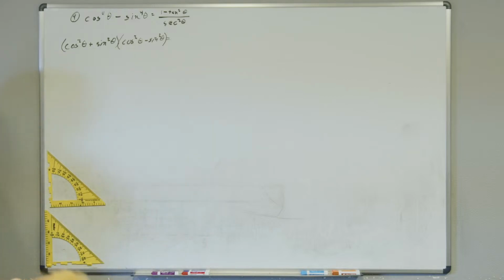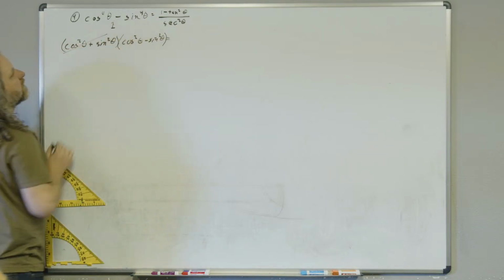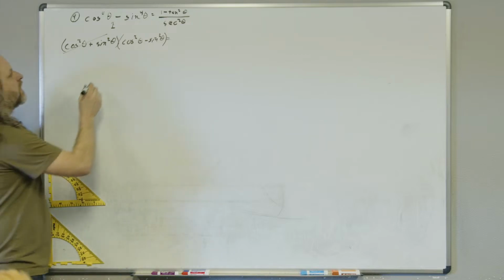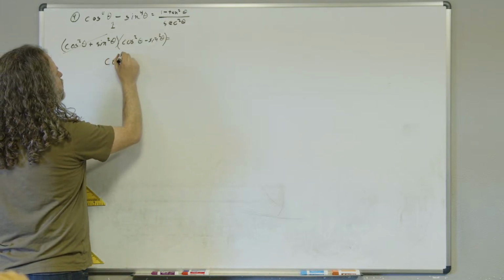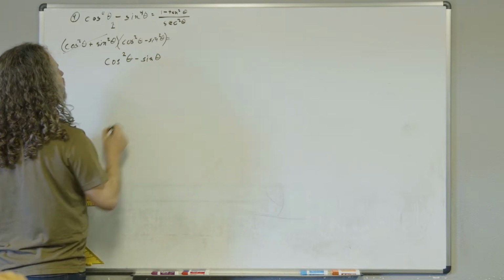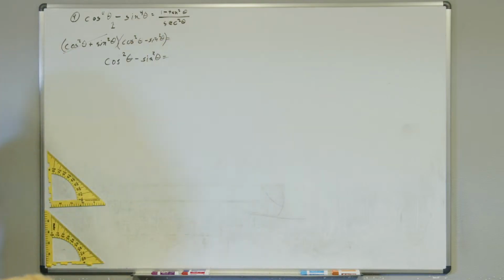So what can happen right now? Something on the left turns into 1. By the Pythagorean identity, this turns into 1, easy peasy. So now we've got cosine squared theta minus sine squared theta equals still all of that mess, right?